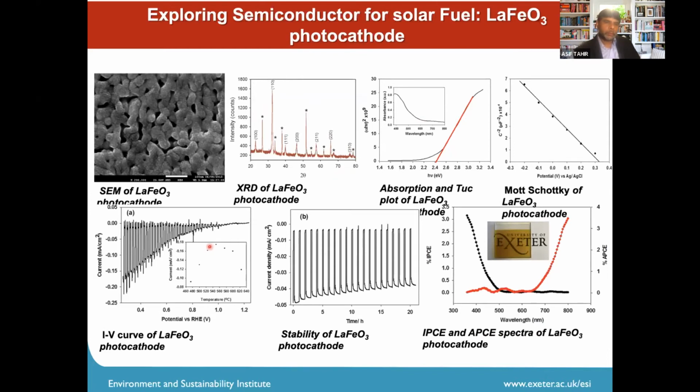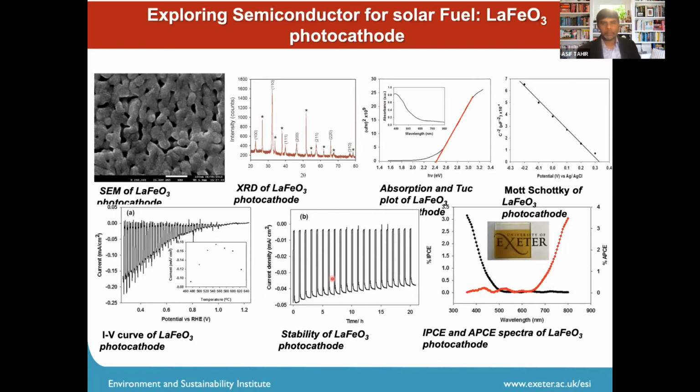The photoelectrochemical studies prove that the material acts as a photoanode and, being P-type, also acts as a photocathode, while producing a substantial amount of photocurrent under visible light or a solar simulator. The stability study shows that the material is stable.